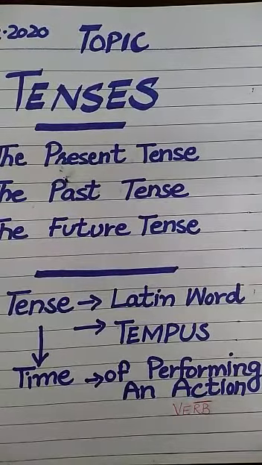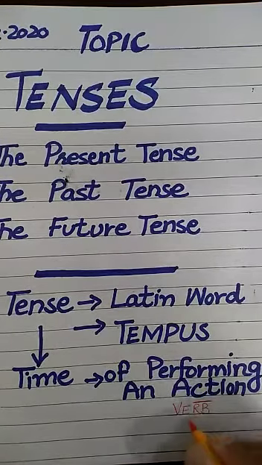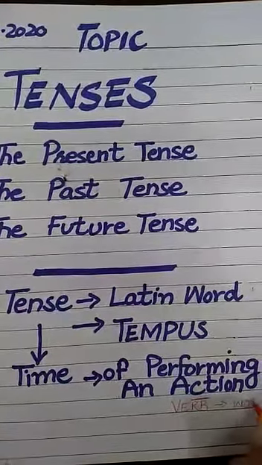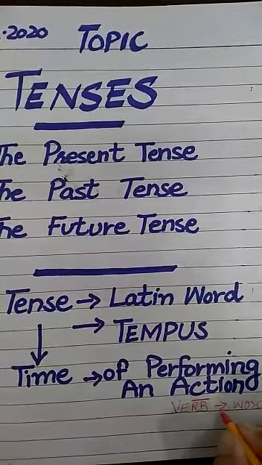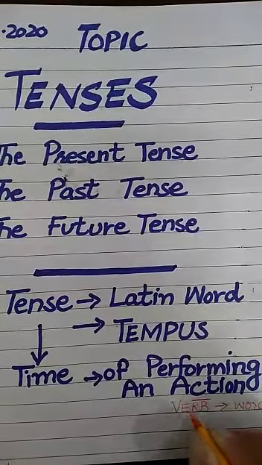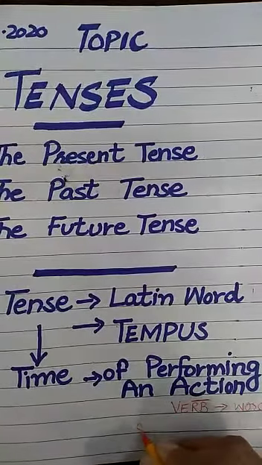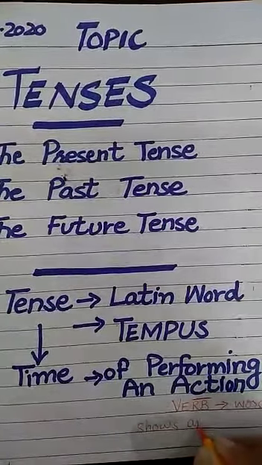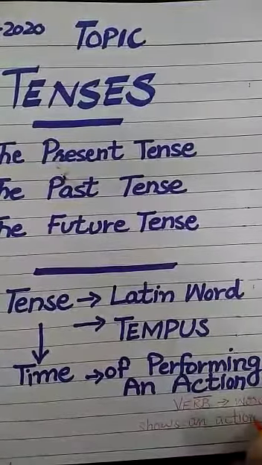You have read the definition of verb in parts of speech, that a verb is a word which shows an action or state of being. Is it clear?